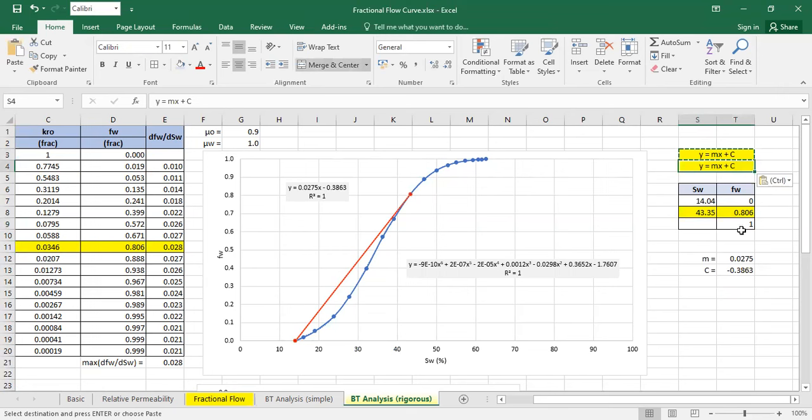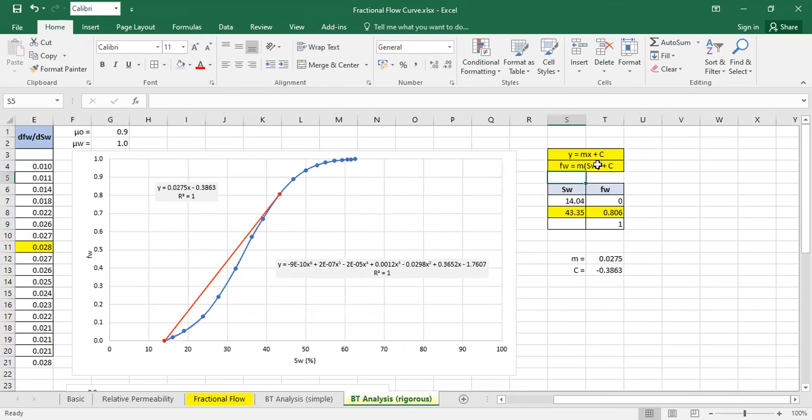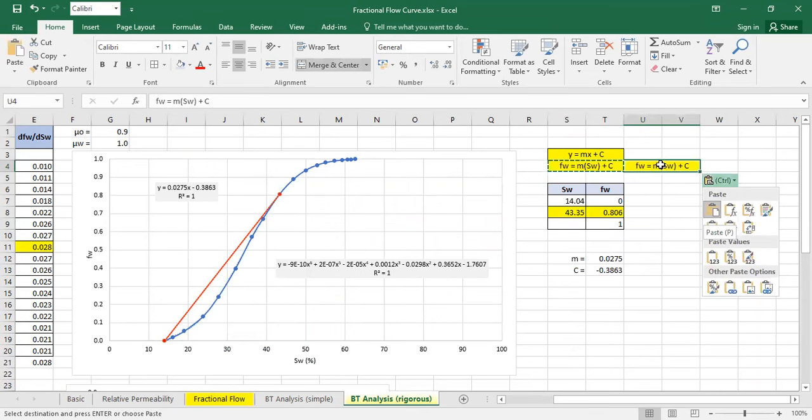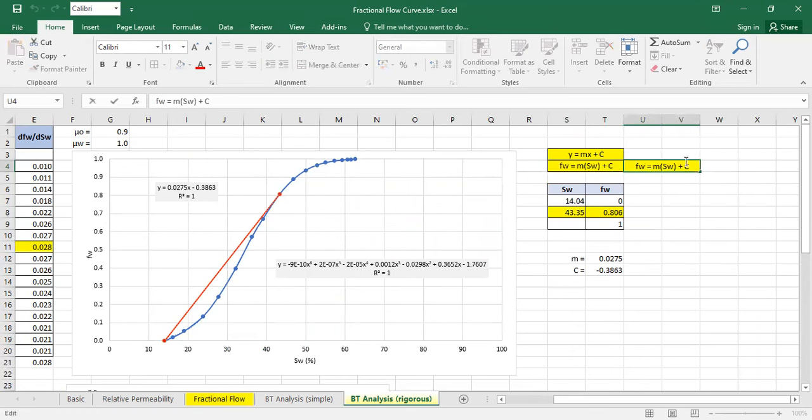I can rewrite the equation like this, so y is actually FW and x is the water saturation. To calculate SW, it's very simple: fractional flow minus intercept, and then everything divided by the slope.